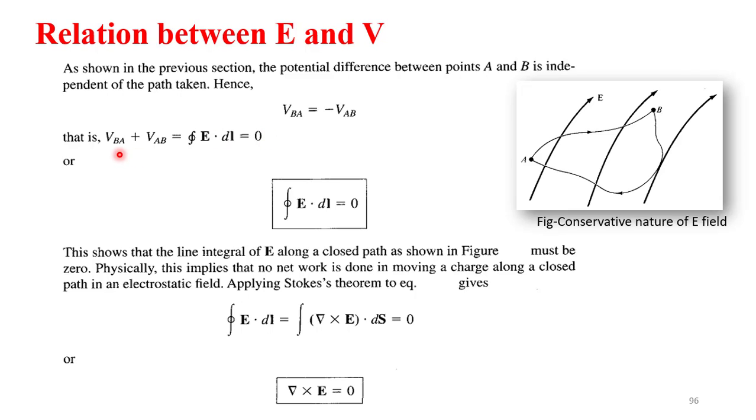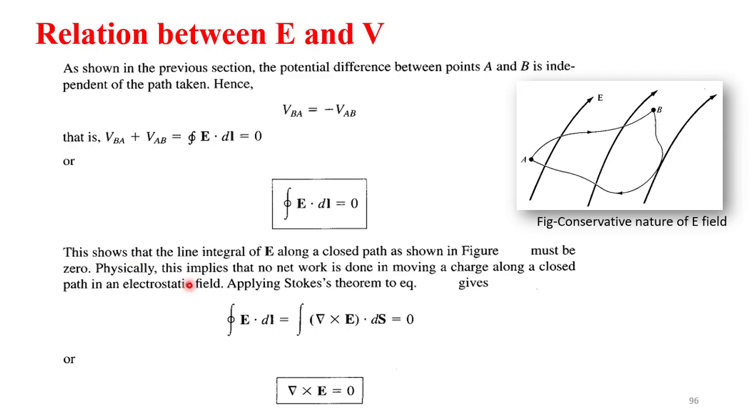Why? VBA plus VAB are the same values but opposite in direction, so it becomes 0. So in general I can write the integration of E bar dot dl bar equals 0, but this integration is for a closed path, therefore the closed loop integration of E bar dot dl bar is equal to 0.